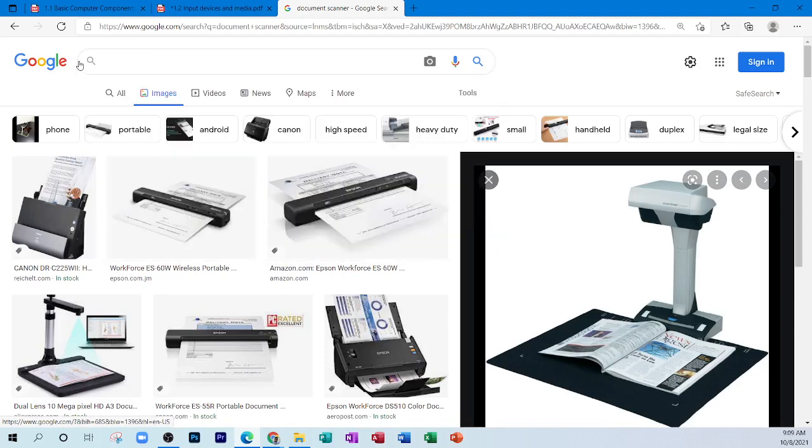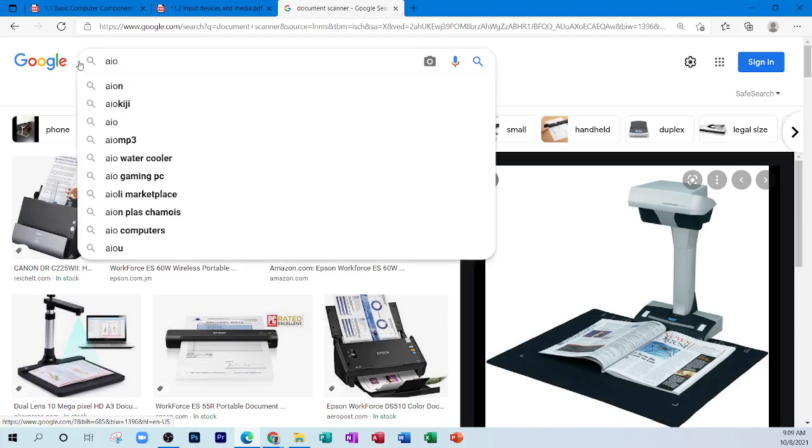Anyone knows what that kind of printer is called? It starts with A. No one? All right. Can you read the question? What are the printers called that have a scanner that can print?